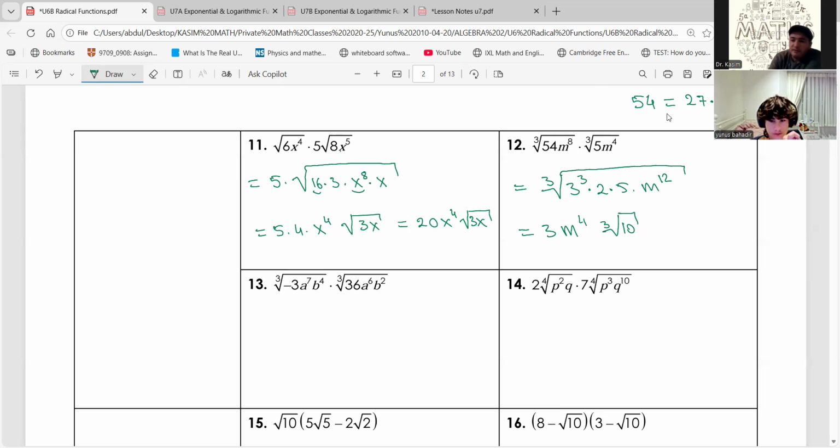Do question 13 now. Wow, more than 50. They can only have three notes.